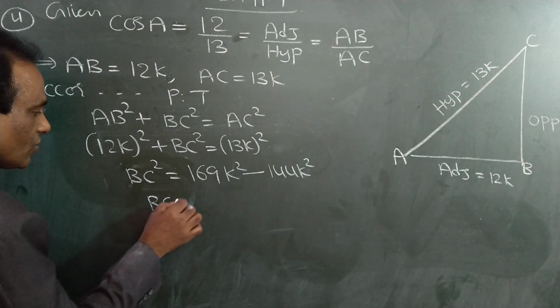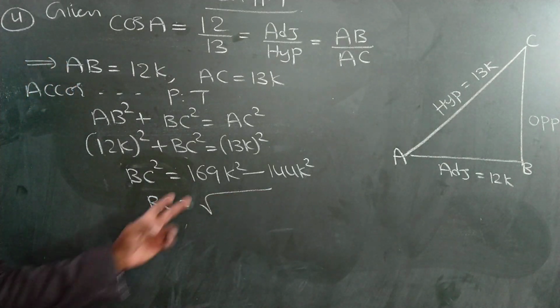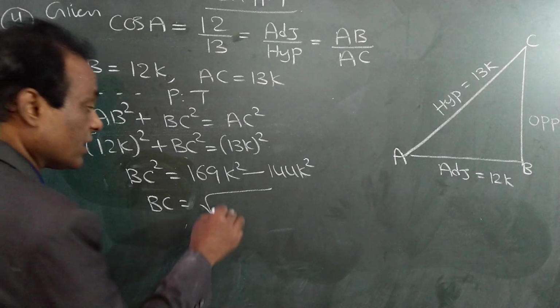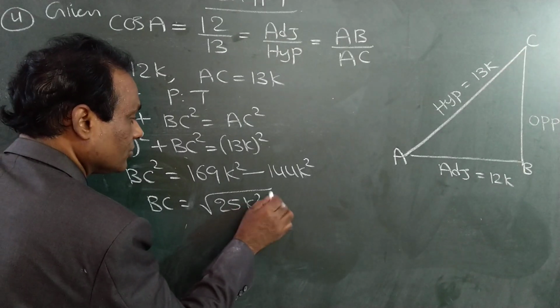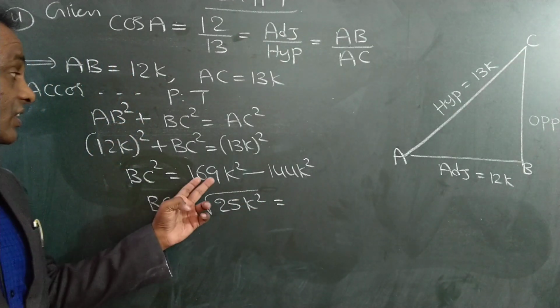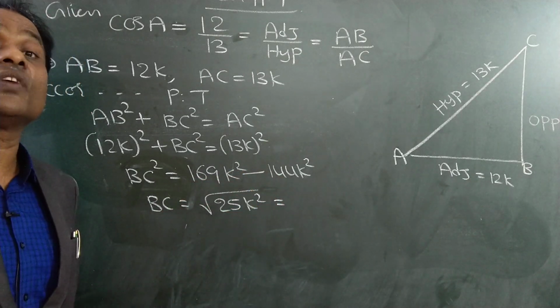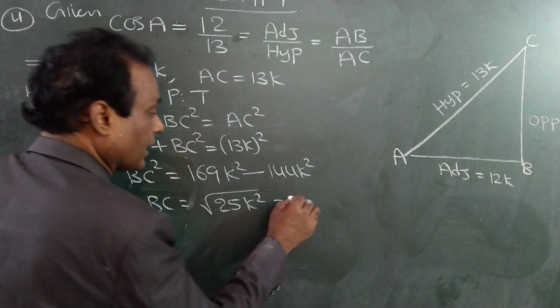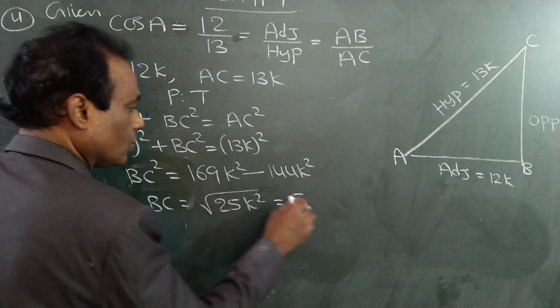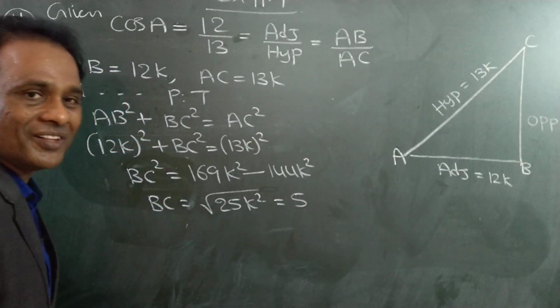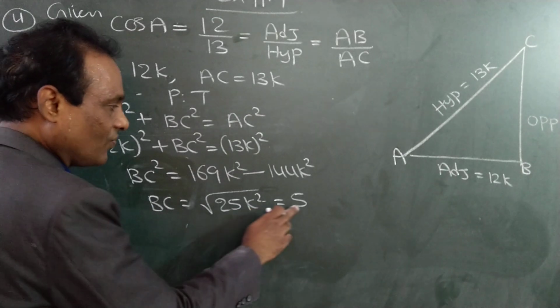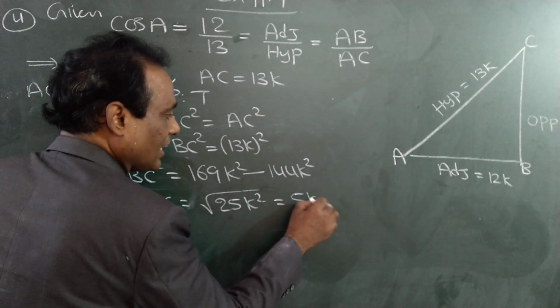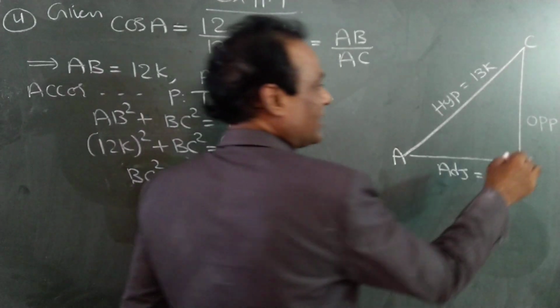So BC is equal to root of 169 minus 144, which is 25K square. Square root of 25 is 5. Square root cancels K. So we got the opposite side 5K.